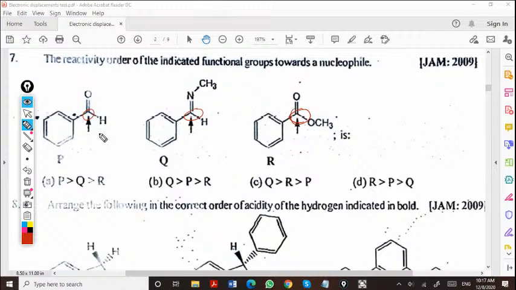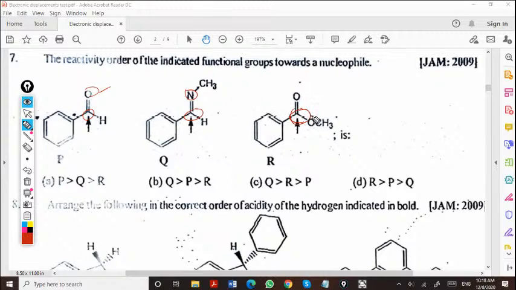So reactivity will be more if it is attached to a more electron withdrawing element, or a more electronegative element. Among oxygen and nitrogen, oxygen will be more withdrawing in nature, more electronegative.